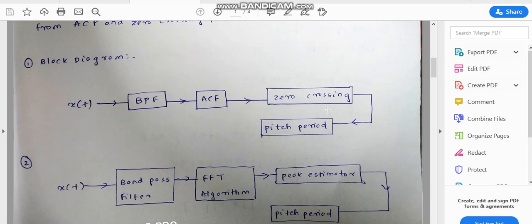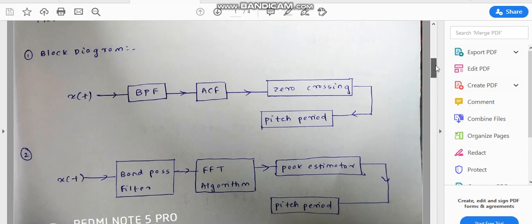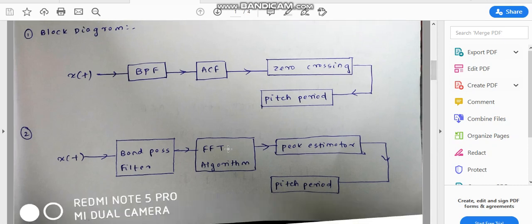Then a zero crossing process is used to find the pitch period or the pulse rate. We can use the FFT algorithm as it is more convenient and has lower memory requirements. So it is used to obtain the results at optimal computational and memory requirement.